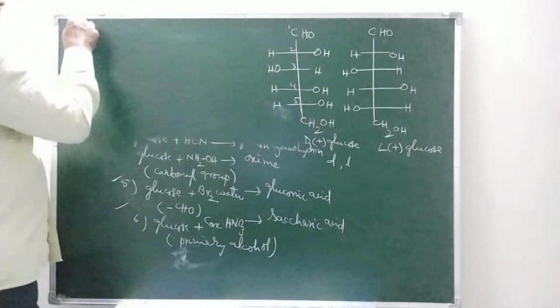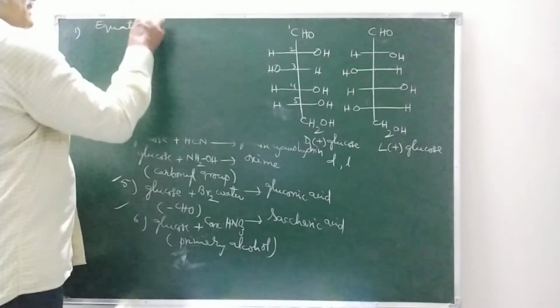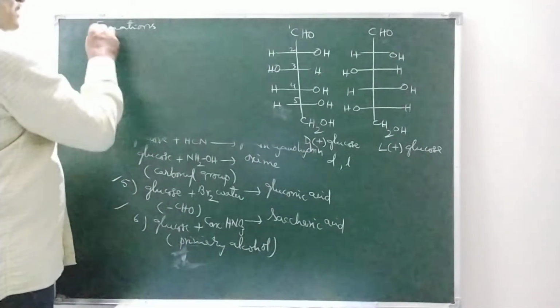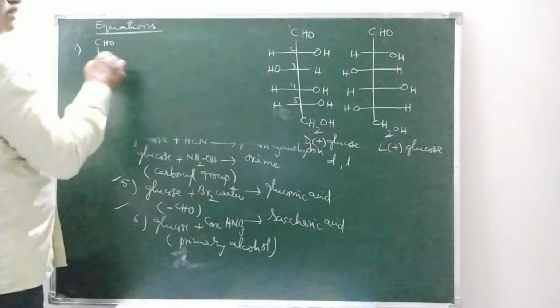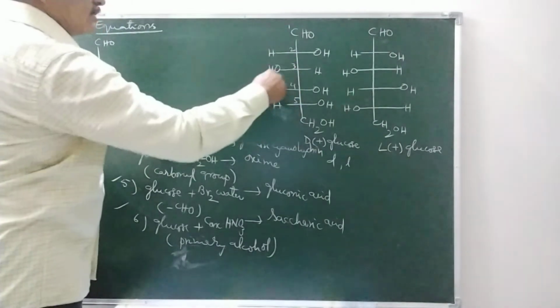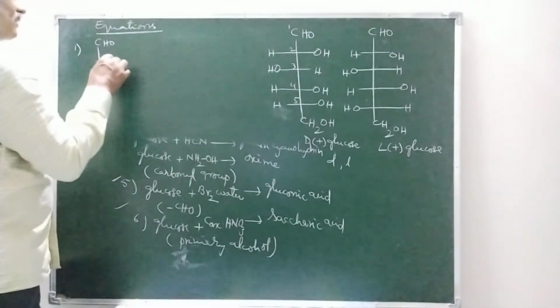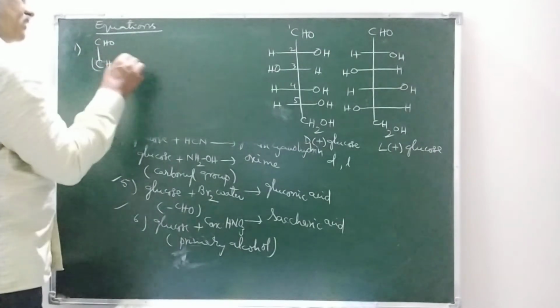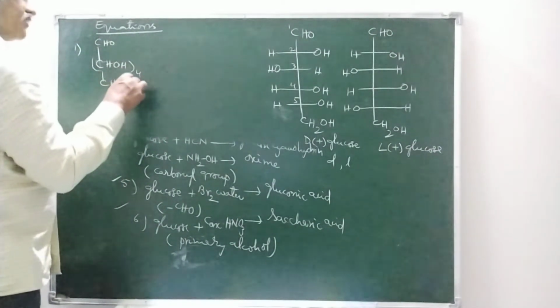D-glucose can be written as CHO, CHOH, CHOH, CHOH, CHOH. There are 4 CHOH groups, so we can write CHOH 4 times under CH2OH.